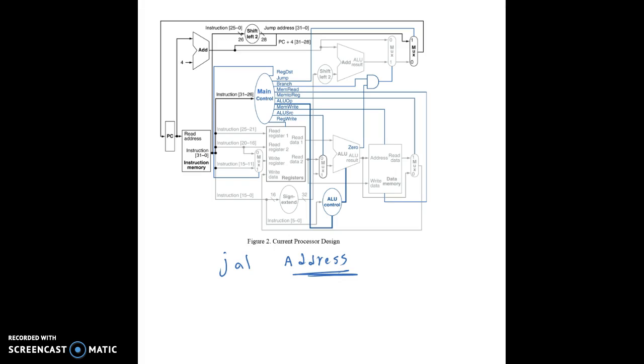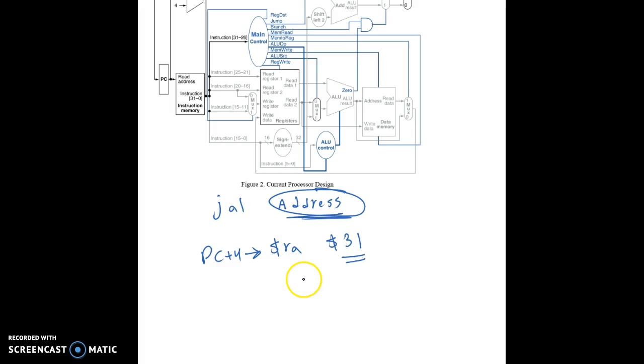The only difference is that after jumping, PC plus 4 is then stored in register RA or register number 31. Okay, so again, basically you jump to this address and then you store PC plus 4 into RA.